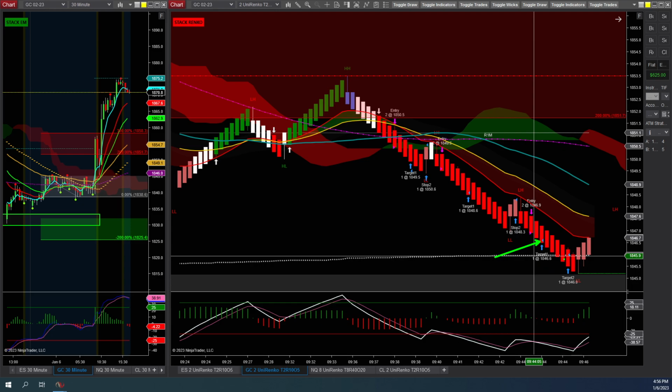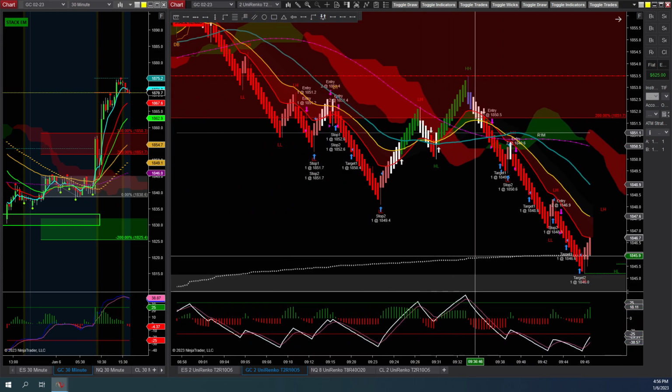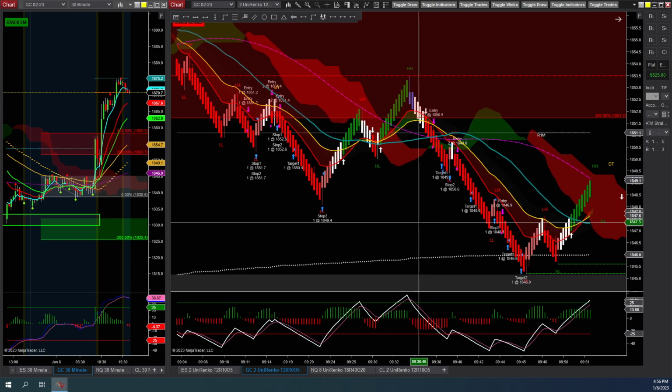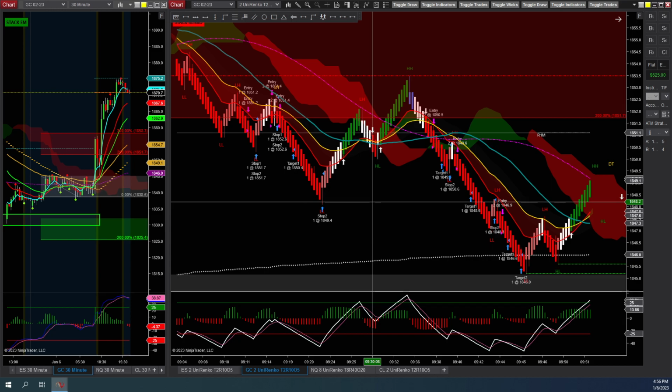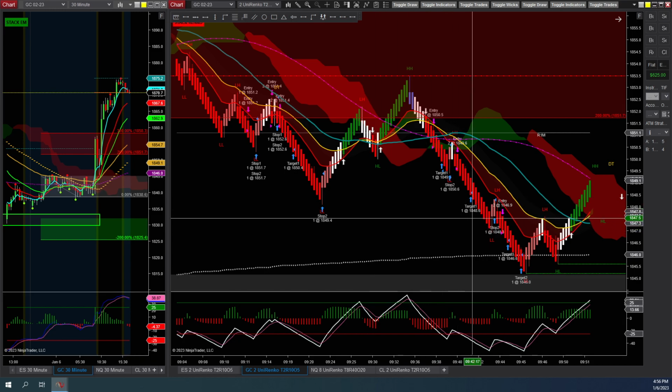And then I sold the other one right at VWAP, right there, and that one was for an extra $90. So in between all of them, I'm now at $400 in gold. Not a perfect trade, but I am at $400, which is good.